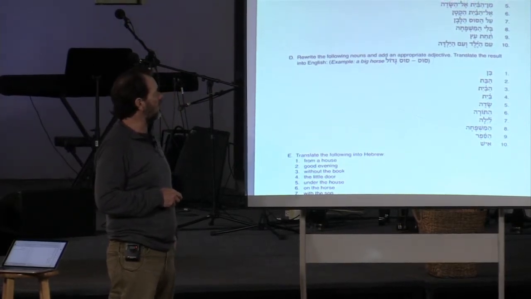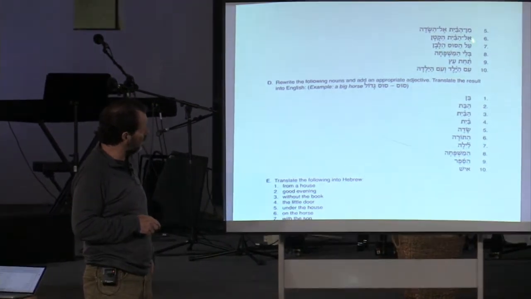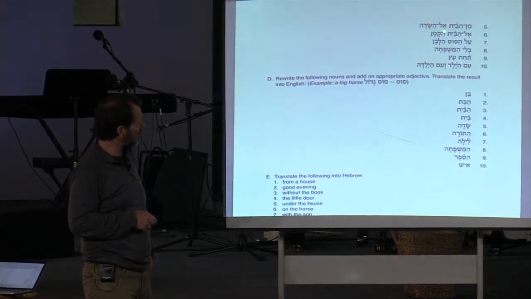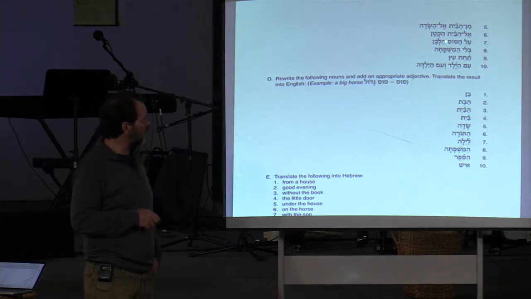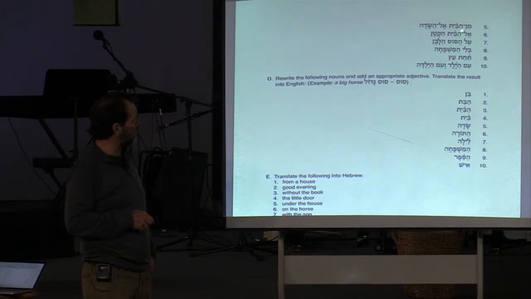Min habayit el hasadeh. Okay, let's do it slow. Min habayit el hasadeh. Once again, if you need to, do your transliteration to help you with your pronunciation. Min is "from," then you have the definite article, the hey and patach, "the," and then bayit, you know what that is, house.